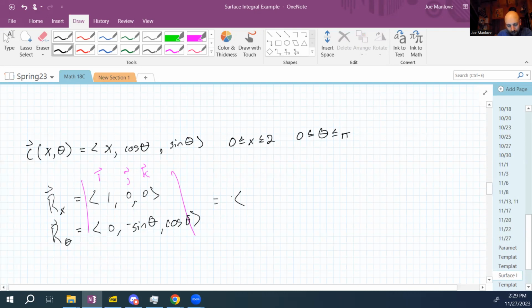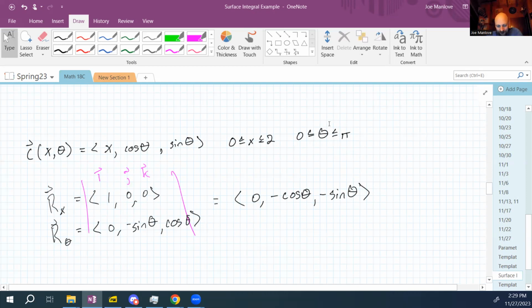The I part of it's going to be 0. And the j part of it is going to be, let's see, I'd get a cosine when I need to make it negative. So I'd have a negative cosine theta. And the k part of it's going to be negative sine theta. And I guess I'm a little concerned about this. This point's back in the y and back in the z. I feel like this thing points in.